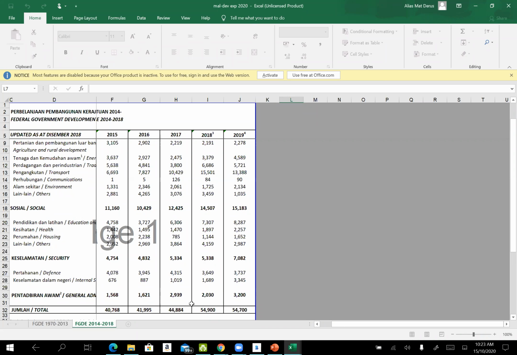So that is the development expenditure. Okay, all right. Now we just look at the idea, okay? The idea of the development, it's more on investment. And look at the size, okay?